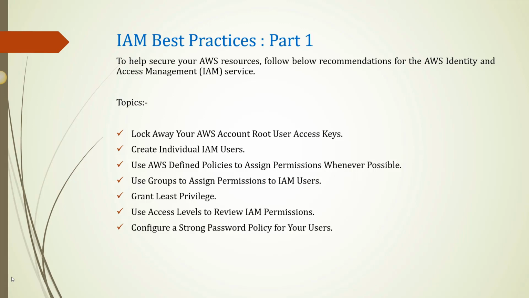So here the topics are: lock away your AWS account root user access keys, create individual IAM users, use AWS defined policy to assign permission whenever possible, use groups to assign permission to IAM users, grant least privilege, use access levels to review IAM permissions, configure a strong password policy for your users. Now let's talk all the topics one by one.